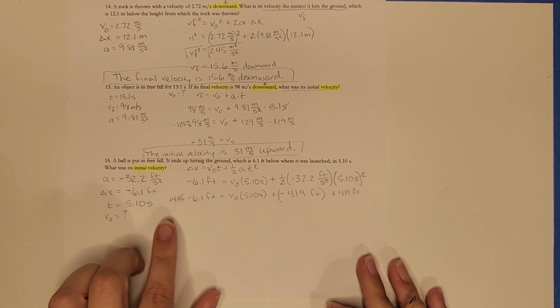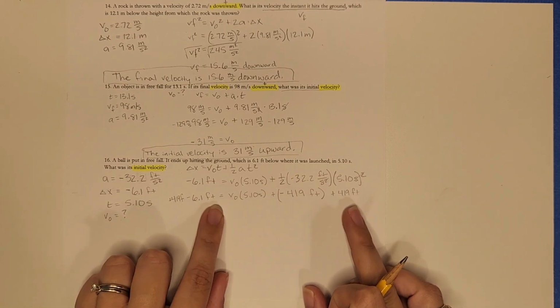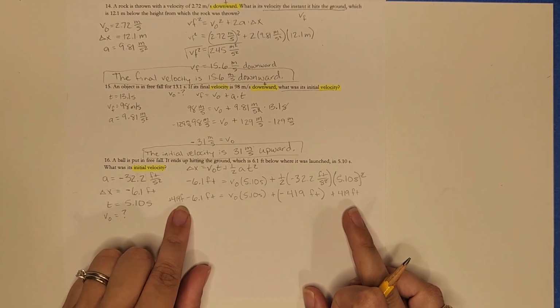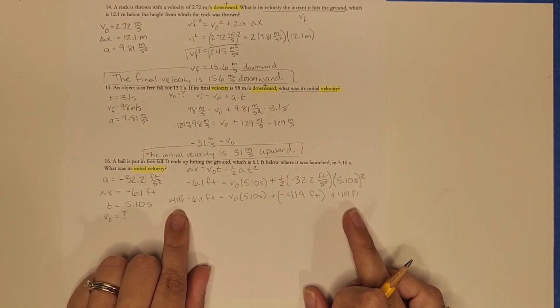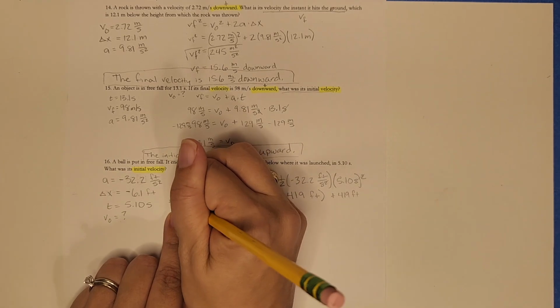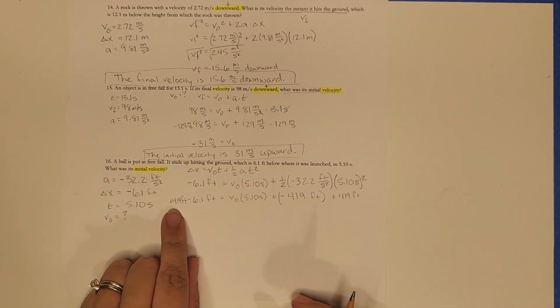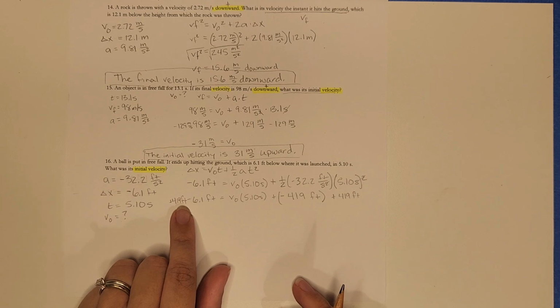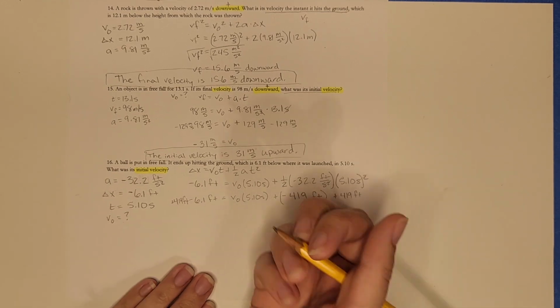And when I am subtracting and adding here, my significant digits should be based on place value, and we're going to use the least precise place value. So 419 feet minus 6.1 feet, I'm just going to subtract 419 minus 6 to do that.